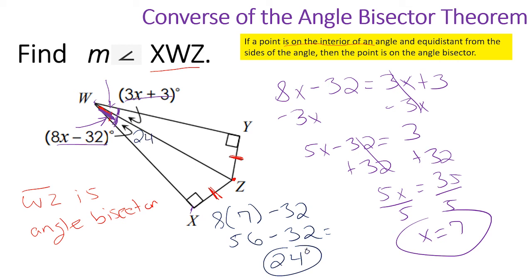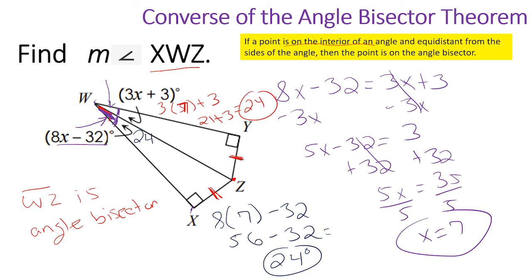Now what should angle YWZ be? If they are equal angles, it should also be 24. So let's check it. I'm going to plug in x for the 3x plus 3. 3 times 7 plus 3, 21 plus 3, and that in fact gives me 24.